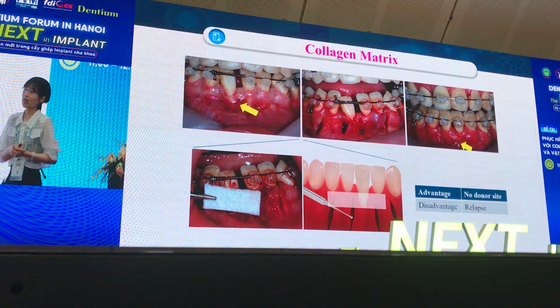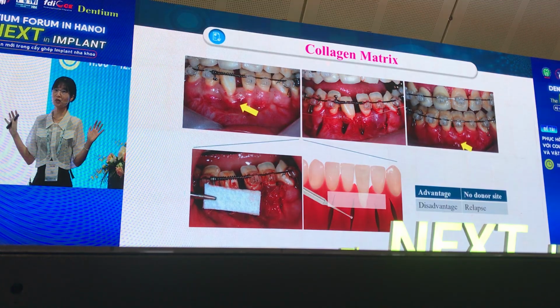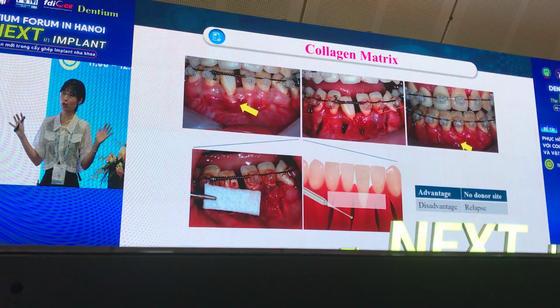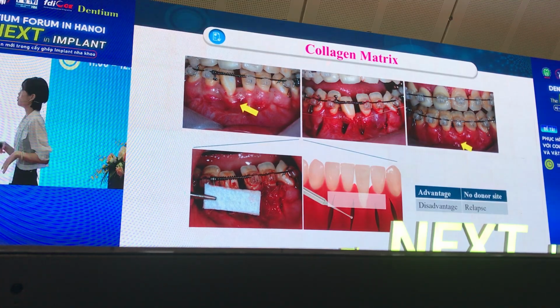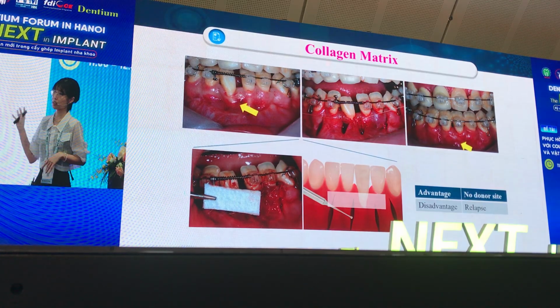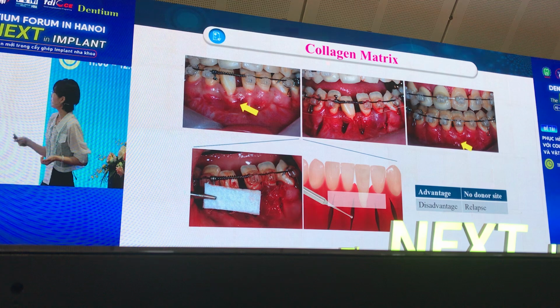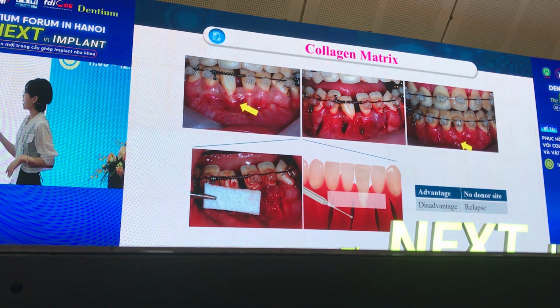So nowadays, I do not touch the palate anymore because I don't need the autograft like FGG and CTG, because I usually use a collagen matrix instead of FGG and CTG. So nowadays, I usually do it like this in the PBM.